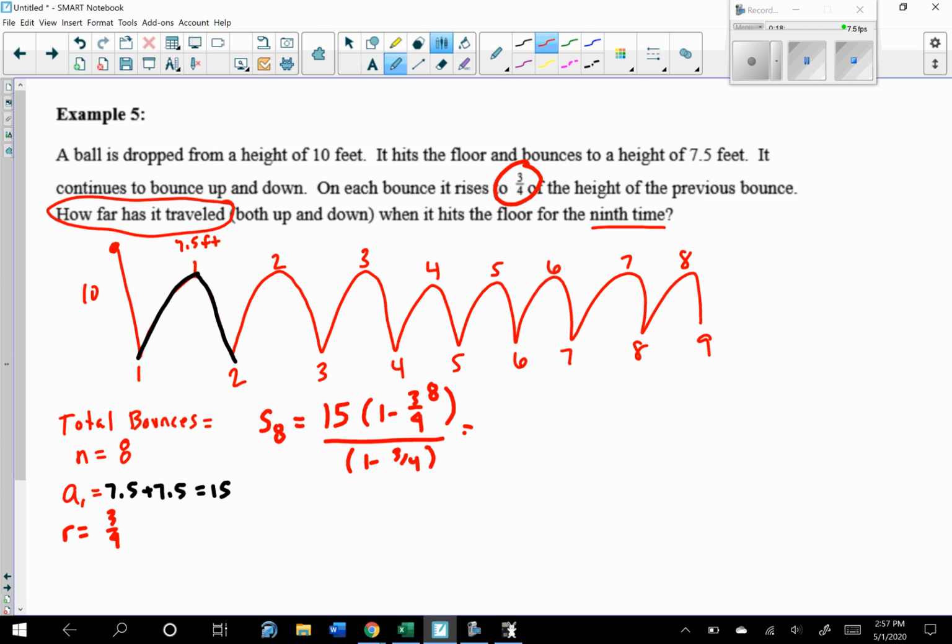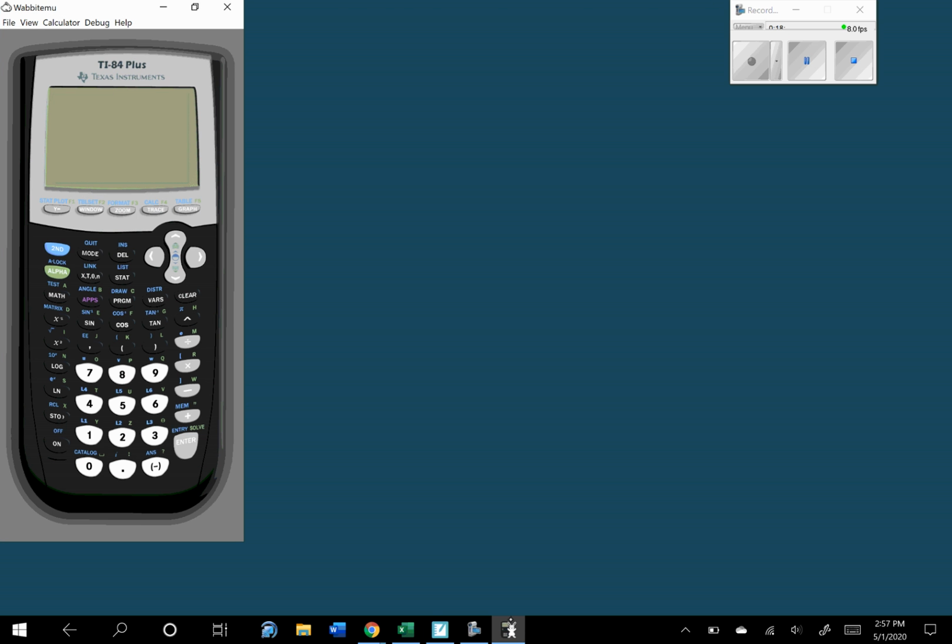And if I plug this into my calculator, I get the total, let's go ahead and plug that in. So 15 times 1 minus 3/4, so 0.75 to the power of 8, divided by 1 minus 3/4.